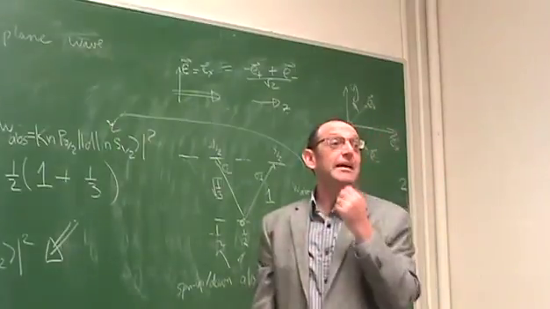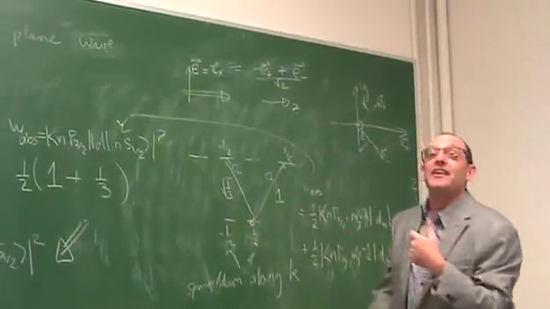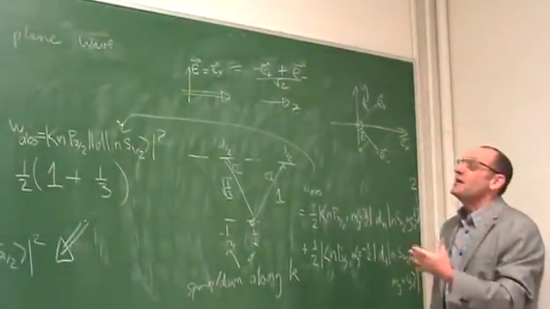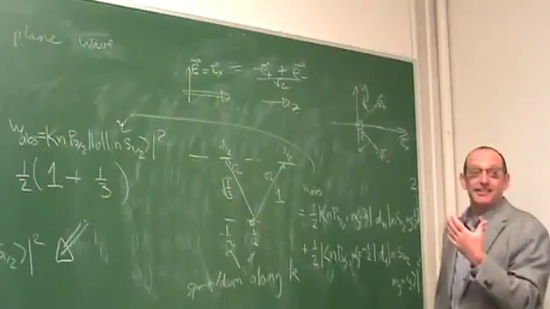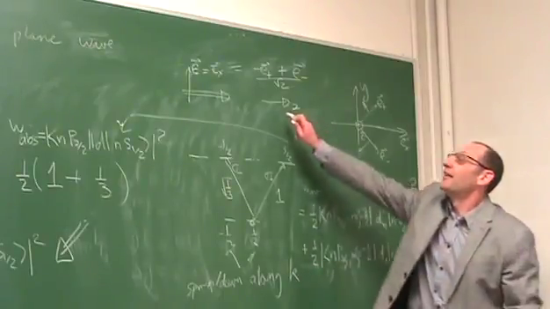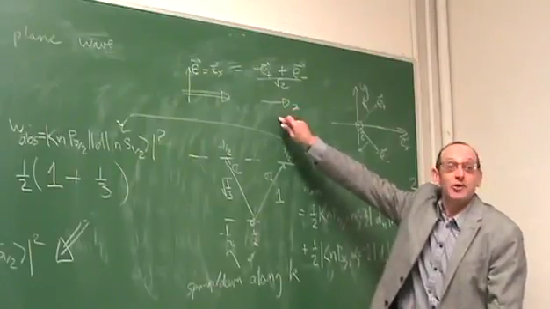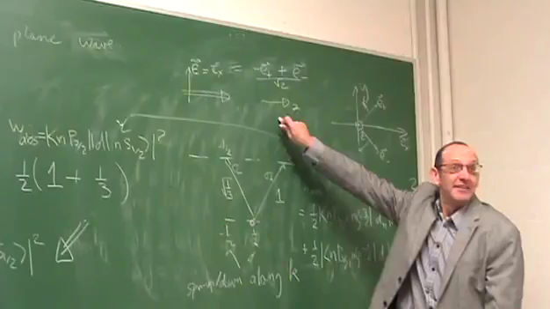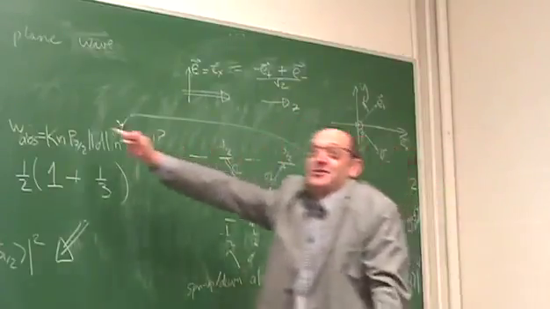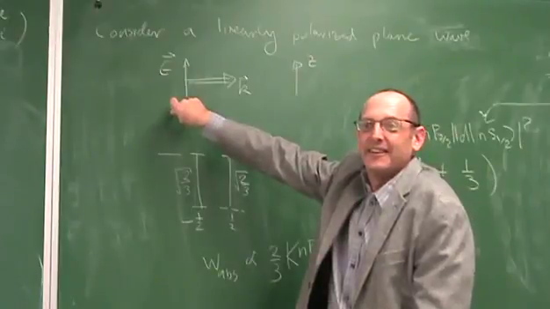Now, generally speaking, if you had linear polarization, unless you had some reason to choose the quantization axis in some special way, this would not be the natural choice. Why not just choose your quantization axis along this?